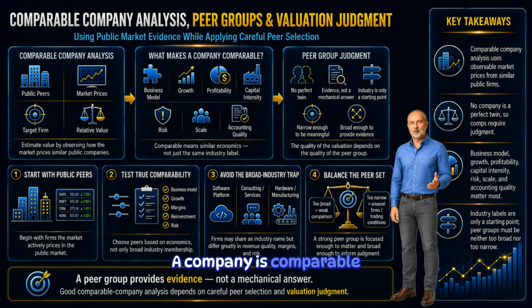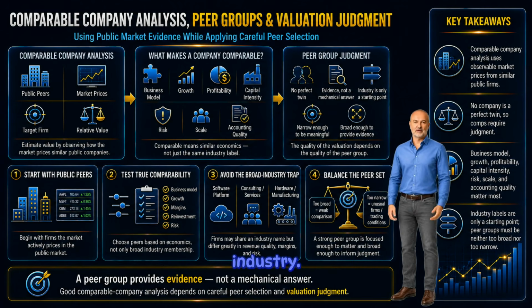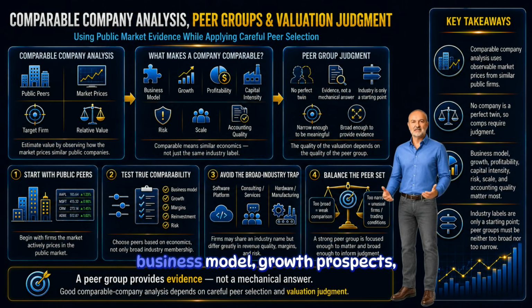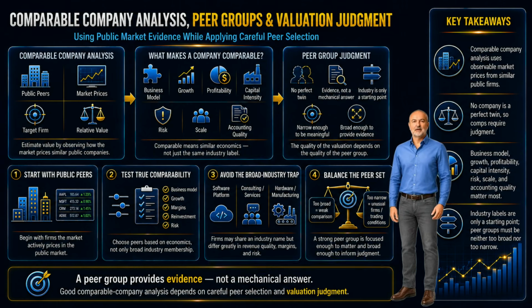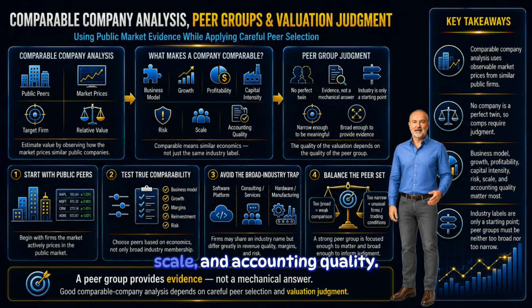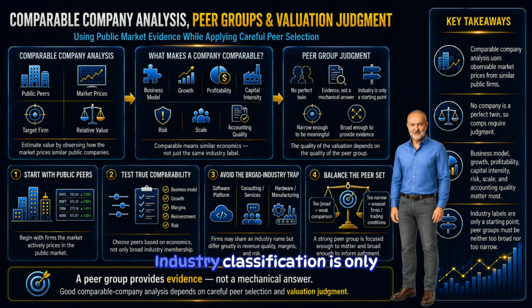A company is comparable when its economics resemble the target's economics, not merely because it sits in the same broad industry. Important comparability criteria include business model, growth prospects, profitability, capital intensity, risk, scale, and accounting quality. Industry classification is only a starting point.